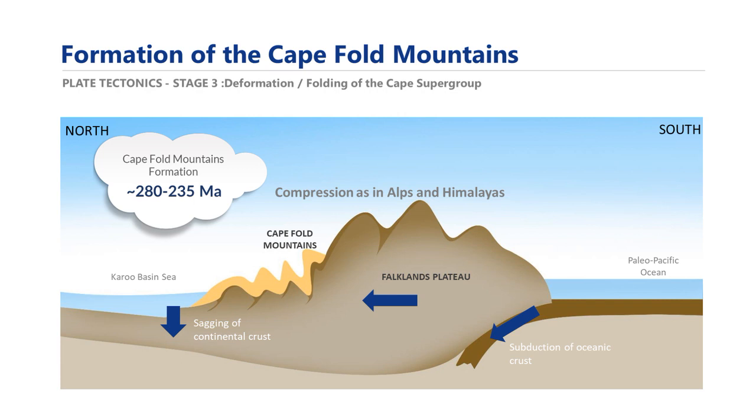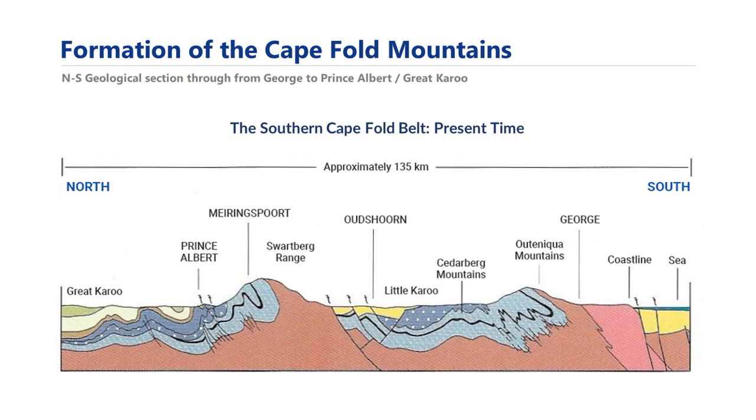And at that stage, because of this weight building up here, there was a sagging of the continental crust here, and the Karoo basin started to form. And that's another story. So what we have today, this is a section through from the coastline at George, through the Outeniqua Mountains, the equivalent of the Cederberg Mountains in that level.